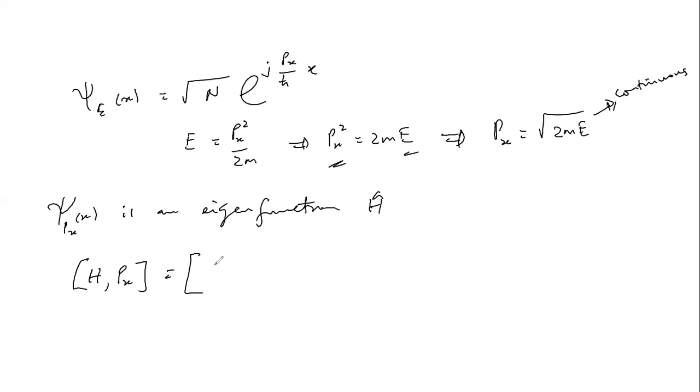That is, negative h cross squared over 2m d squared dx squared minus j h cross d dx is equal to 0. And you'll observe that all the parameters except the constant h cross squared over 2m are included. So h cross is here in the momentum, in the energy, h cross is there, d dt, and all of that, so they commute. Okay?